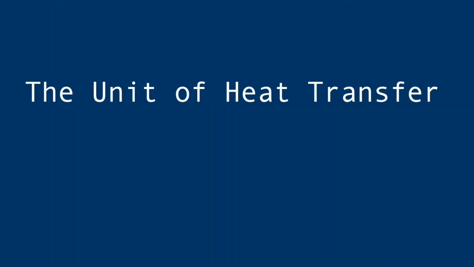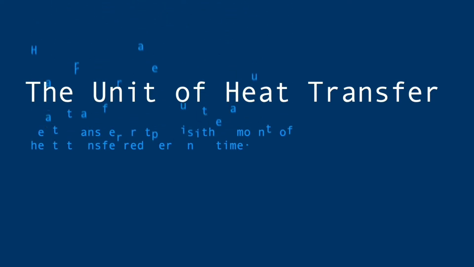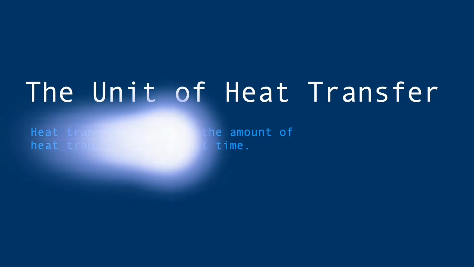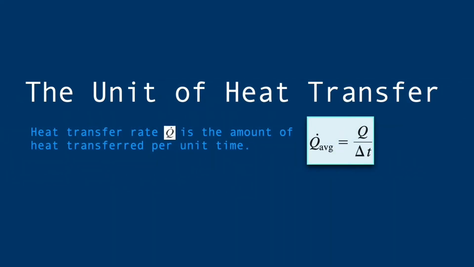For your information, energy can be transferred to or from a given mass by two mechanisms, which are heat transfer and work. And their units are in joules or kilojoules. Heat transfer rate is the amount of heat transferred per unit time.